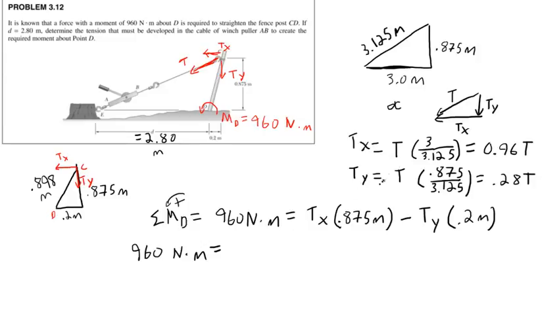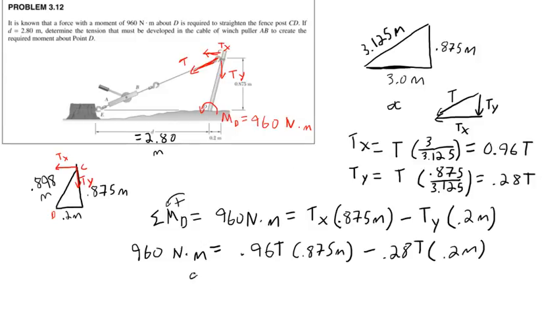Okay, so 960 Newton meters equals Tx, which is 0.96 T. The ultimate goal here is I'm trying to find T. So 0.96 T times 0.875 meters minus 0.28 T times 0.2 meters. All right, then I'm going to combine all this together: 0.96 times 0.875 minus 0.28 times 0.2.